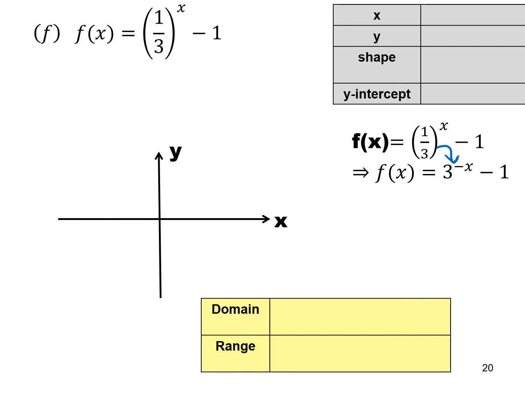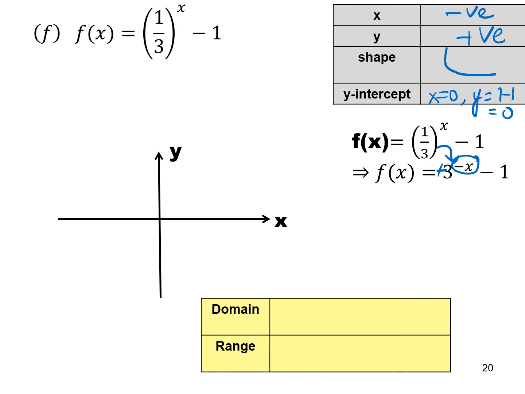And then after that, you make x negative, y positive. So the shape of the graph with x negative, y positive is like this. And then the y-intercept is x is 0, y equals 1 over 3 to the power 0, 1 minus 1 is 0.